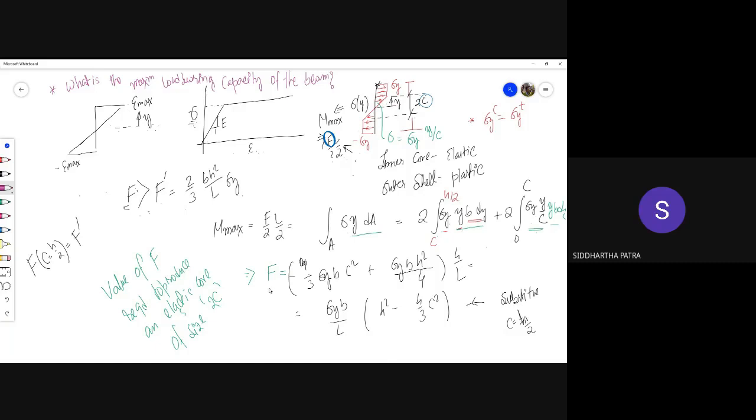Now, how much maximum load can you put to the beam? When the stress distribution is like this, you cannot go beyond this situation.